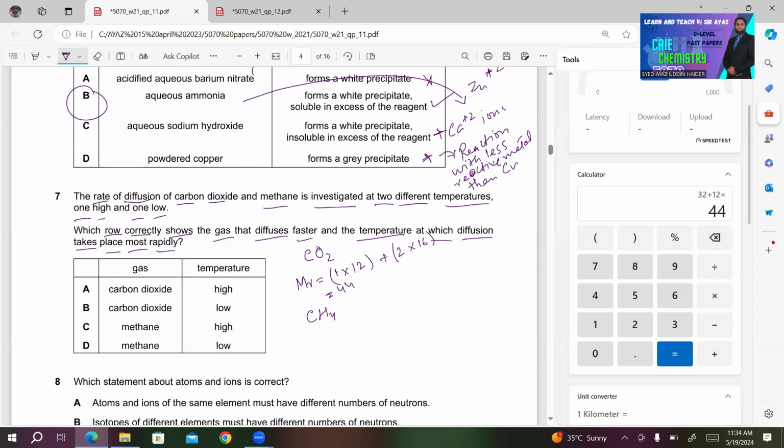What about methane? Carbon again is 12. We have 1 atom of carbon, 1 multiplied by 12. And as you all know, the mass number for hydrogen is 1. So 4 multiplied by 1 is 4, plus 12 gives 16.